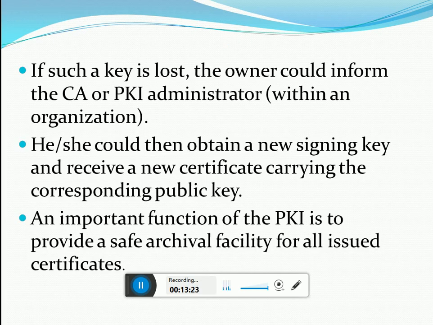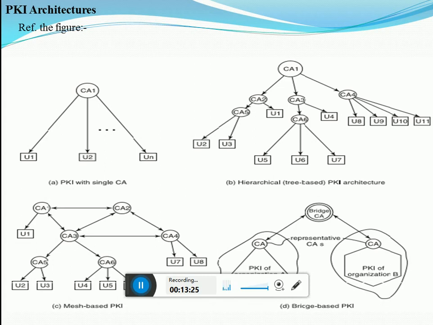So we'll see now the PKI architectures. The PKI architecture is shown over here in these figures. There are 4 different PKI architectures. In the first architecture, we have a single CA, under which there will be some different users. He is giving services to these users.